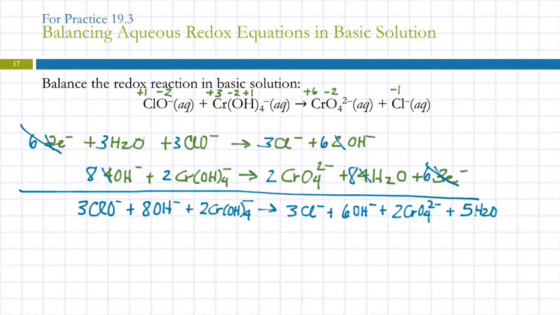And the other thing I have going on is hydroxides all over the place. I've got 8 hydroxides here and 6 here. So I could subtract 6 hydroxides from both sides. And that'll give me 2 hydroxides. Okay? Any questions?